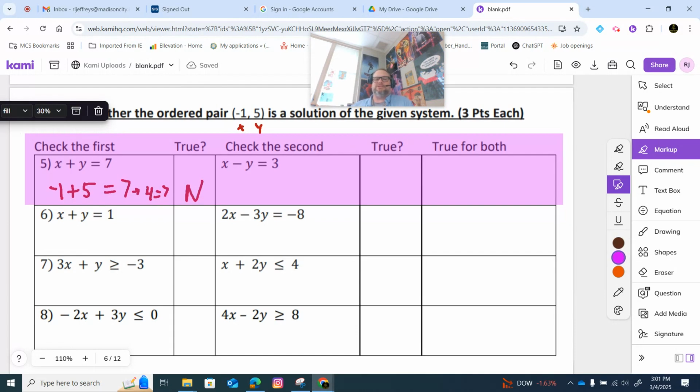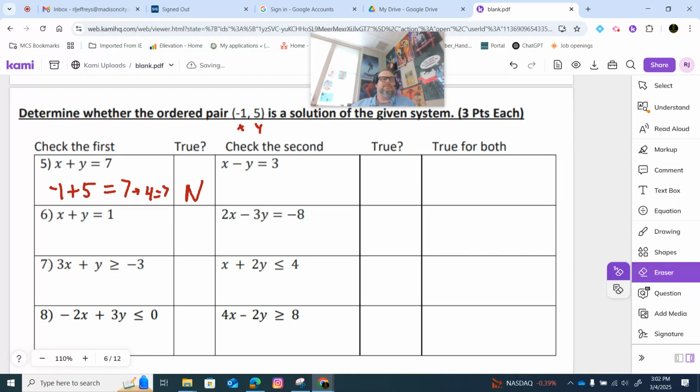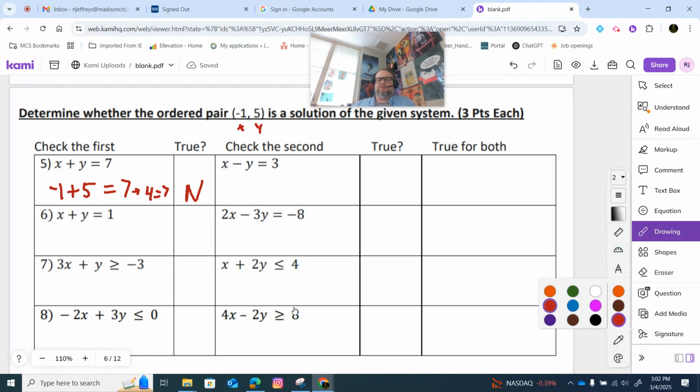I might need to change my line of thinking, because if I'm asking you to check both, if I got this one and this is a no, I'm not moving on, because this other one wouldn't be right either, because it's got to be true for both.